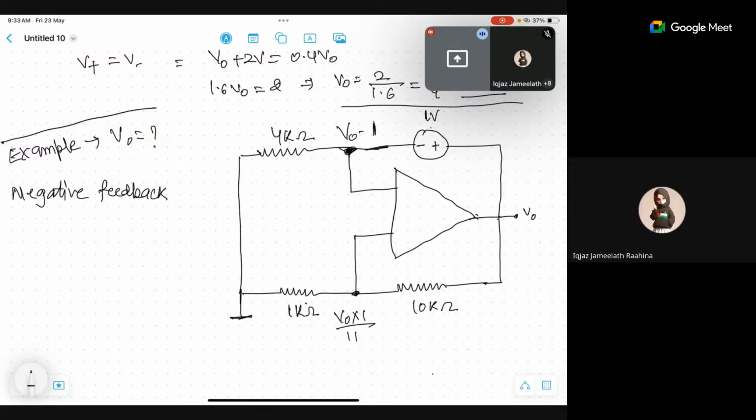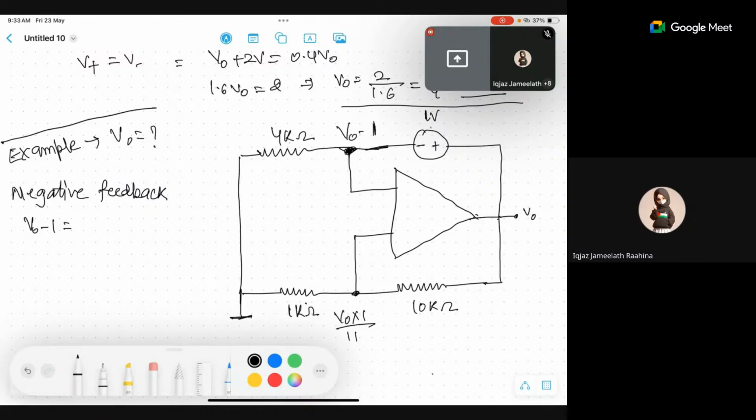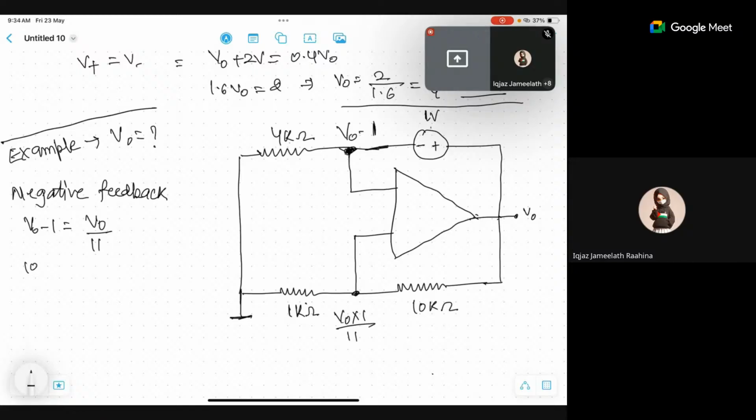Due to the negative feedback, V naught minus 1 is equal to V naught by 11. So 10 by 11 V naught is equal to 1, and V naught is equal to 11 by 10, that is 1.1.